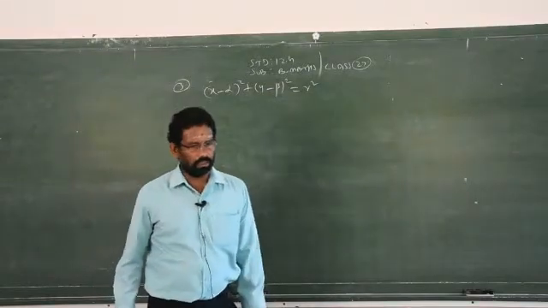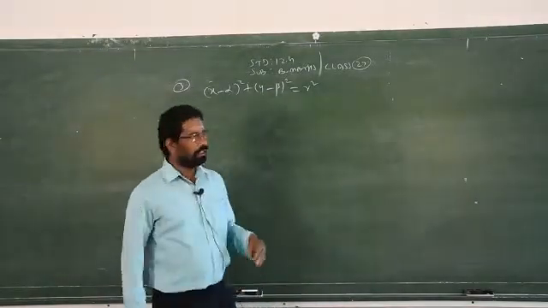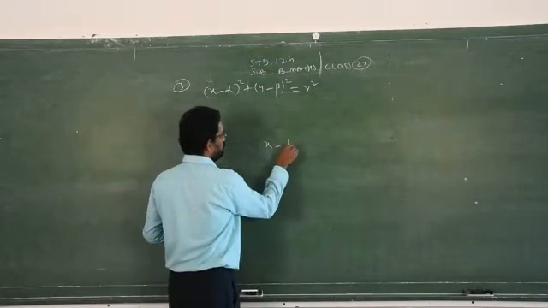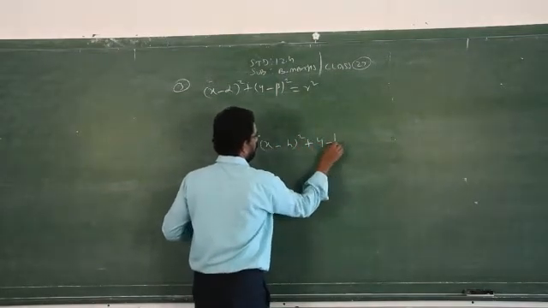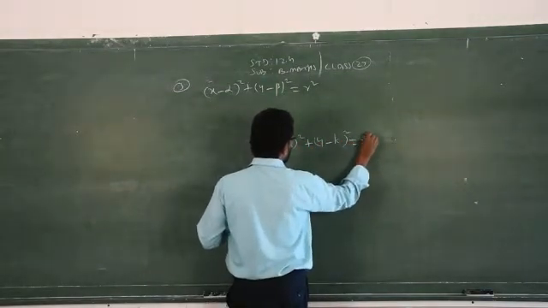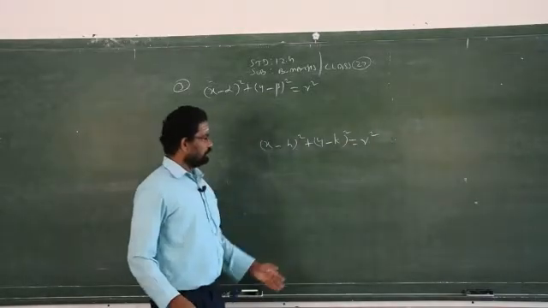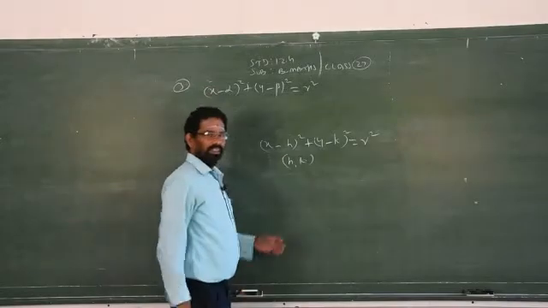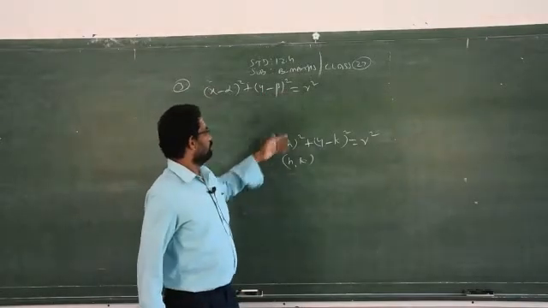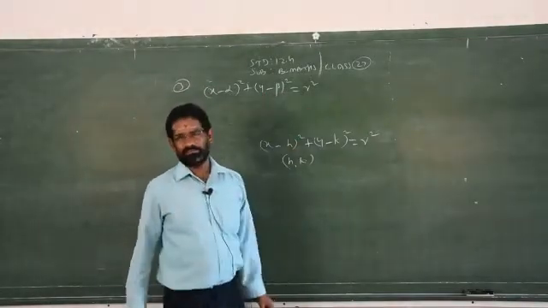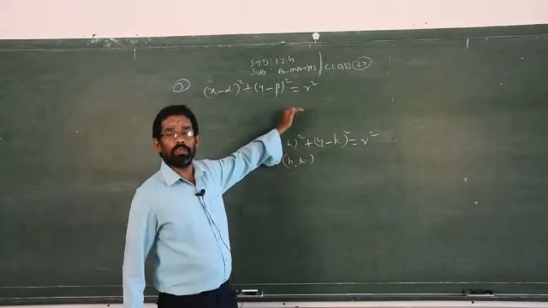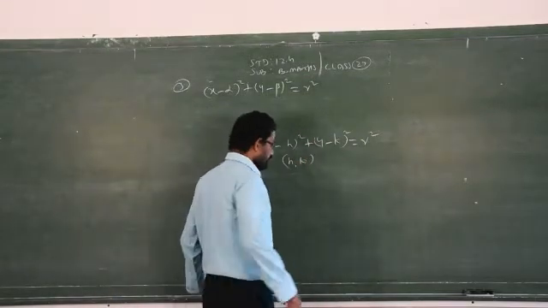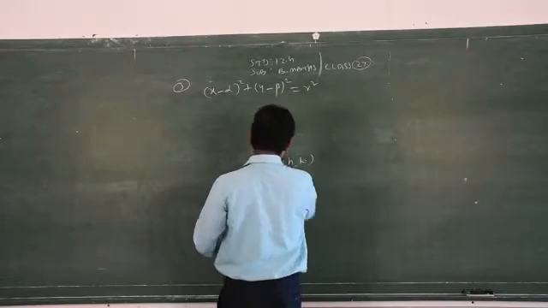So you already learnt this formula: (x minus h) the whole square plus (y minus k) the whole square is equal to r square. This is the equation of the circle when the center is given as h comma k. Just like that, in the place of h and k it is given alpha and beta, that's all. So this is the equation of the circle with center at alpha and beta.